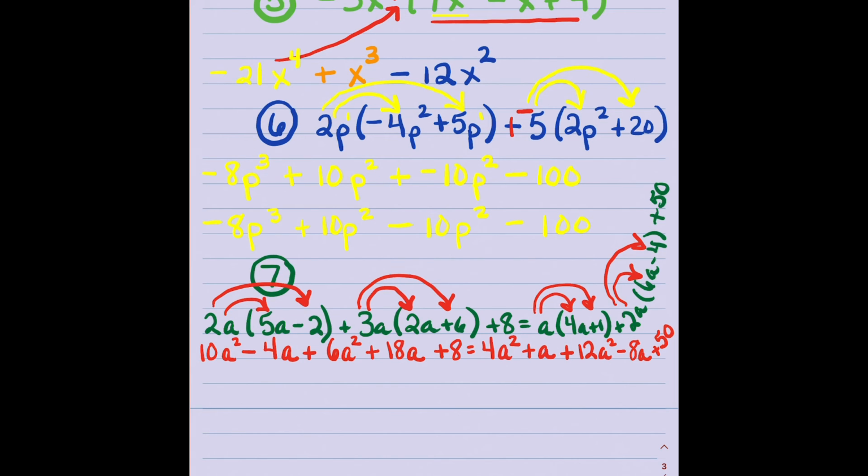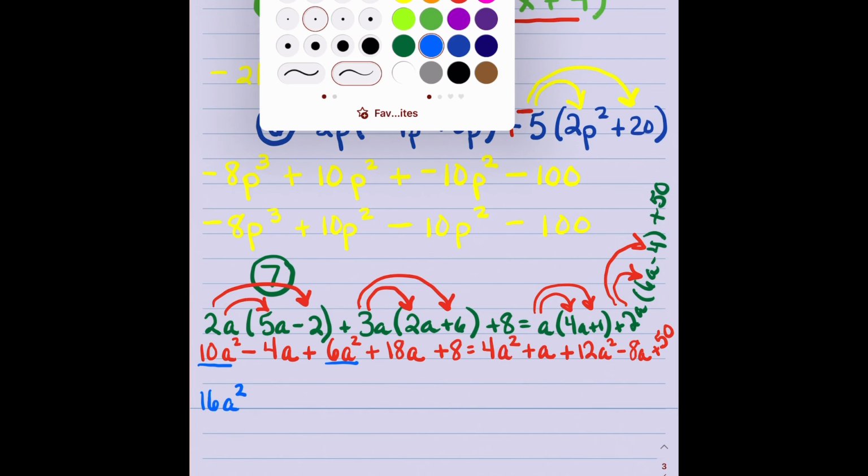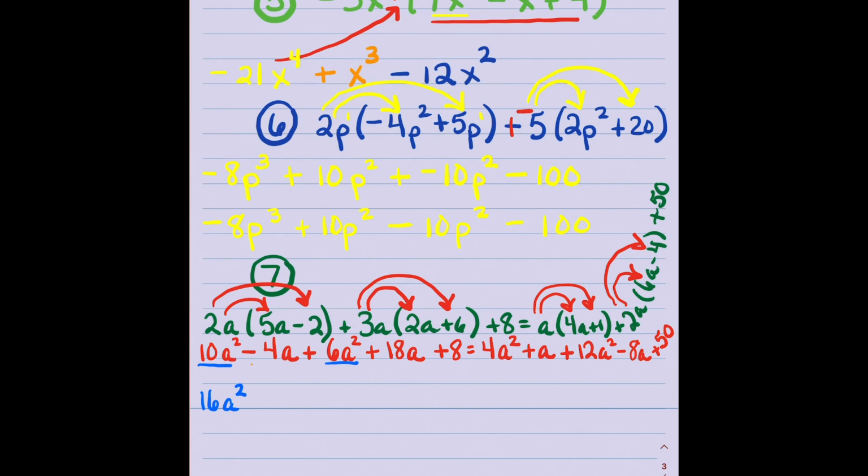All right, now I need to combine anything that can be combined. 10a squared can combine with 6a squared. So let's call that 16a squared. And then -4a can combine with 18a.